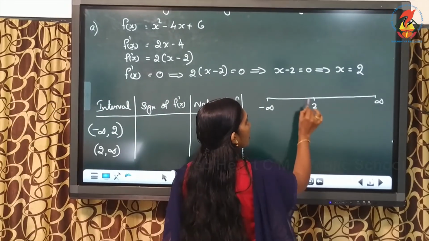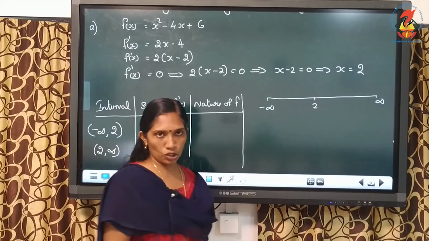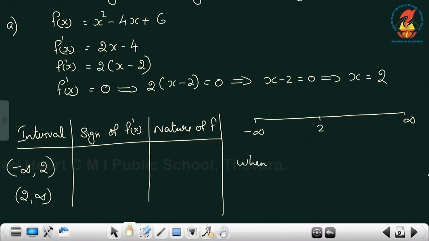Now how to find whether the function is increasing or decreasing in this interval? Take a point from this interval, any point, you can't take minus infinity and 2, any other point. So I am taking 0 from this interval. When x is equal to 0, what about f dash x? Substitute in f dash x.